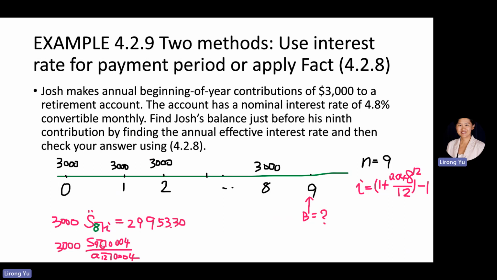The calculation S96 at 0.004 over A12 at 0.004 times 3,000 gives a final answer of 29,953.3. So that echoes the idea that using the method from chapter 4, SN over AK, we're able to calculate the same thing that we would calculate using chapter 3.